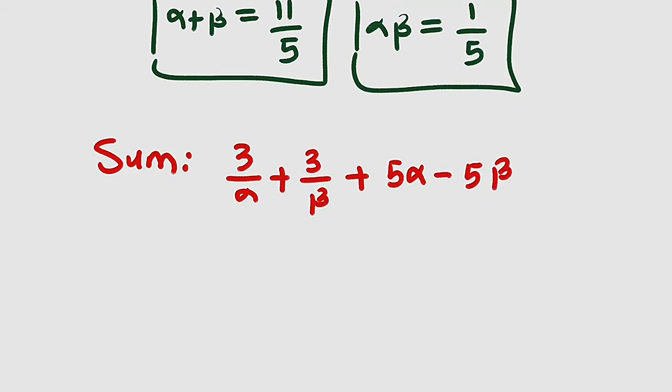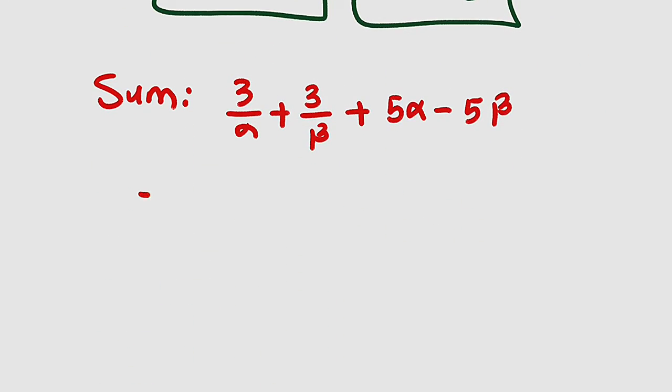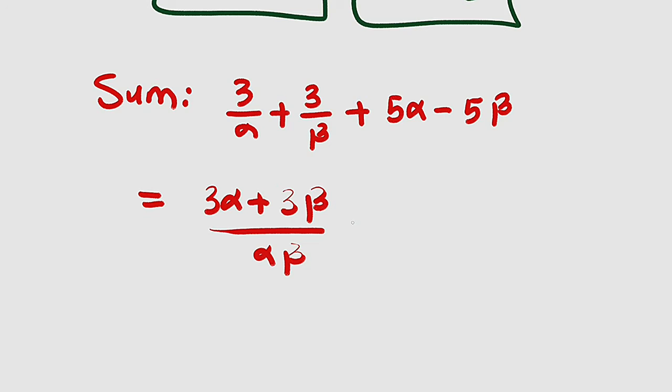Now let us simplify this. From the first two we can add them together as 3 alpha plus 3 beta divided by alpha beta, then we add the second one as 5 alpha minus 5 beta.